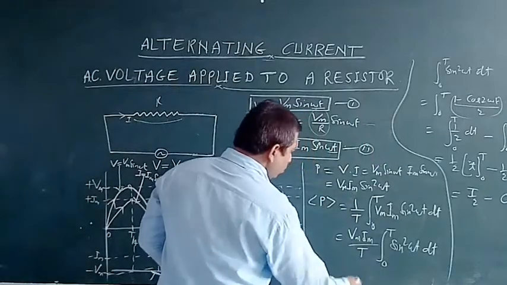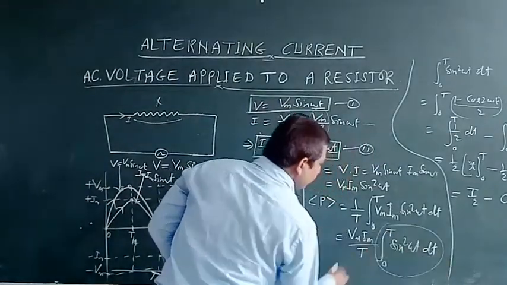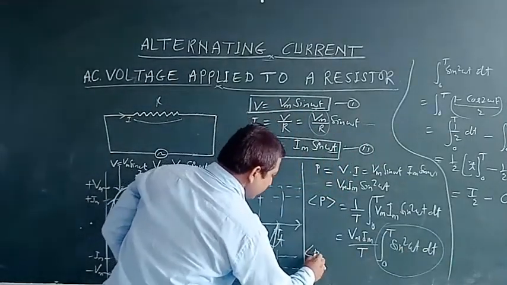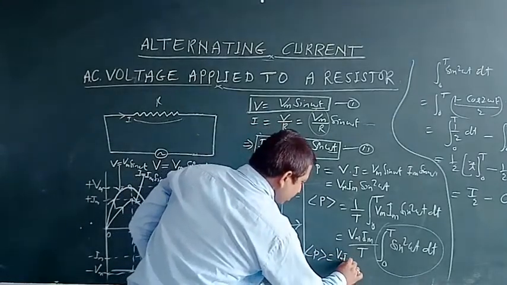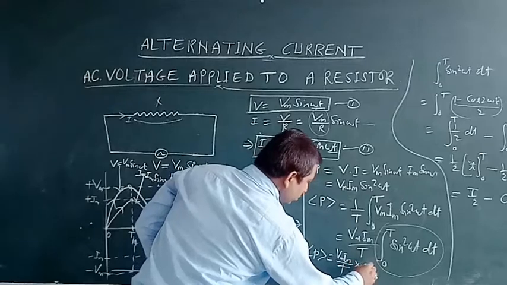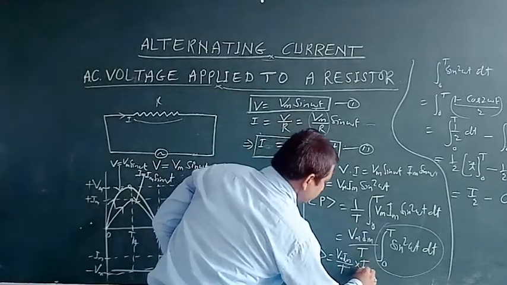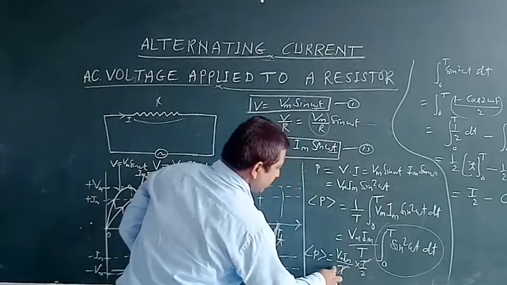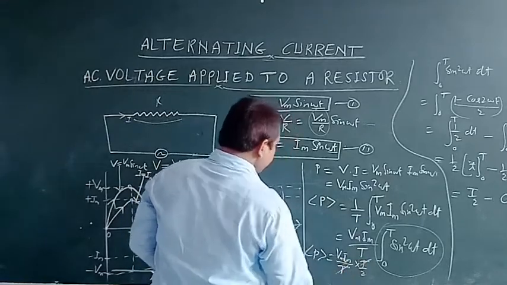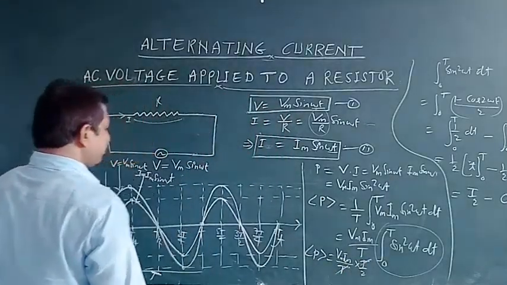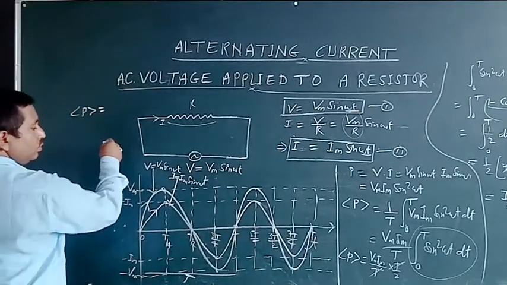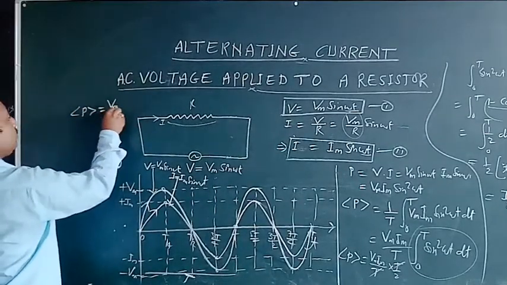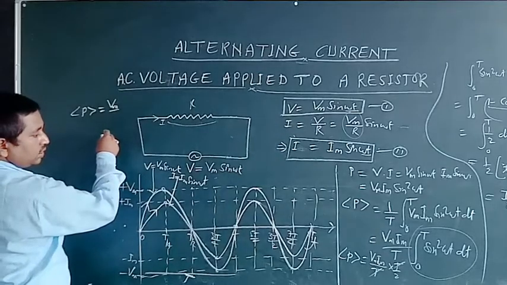If we put this value equal to T by 2, then we get the average value of P as Vm Im by T into T by 2. This T and this T cancel each other, and the average of P is equal to Vm by 2 dot Im by 2.